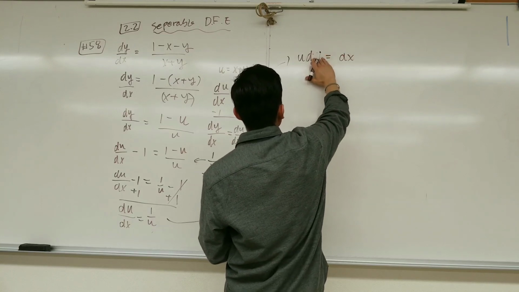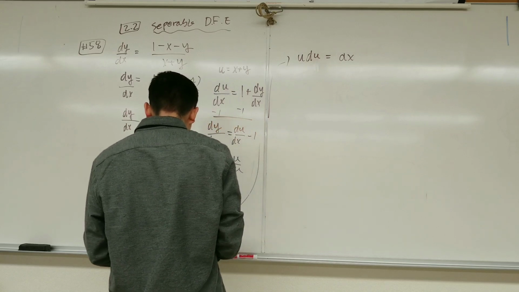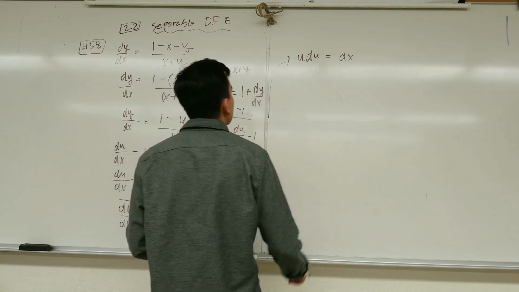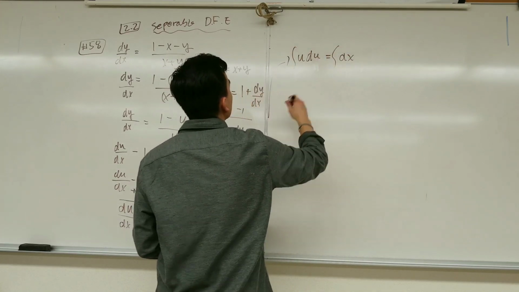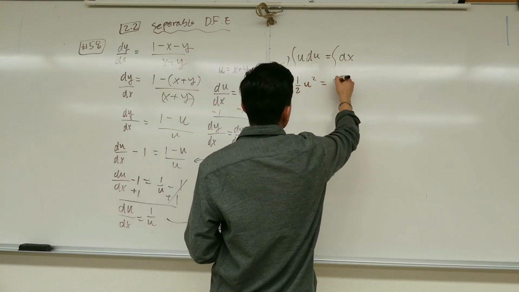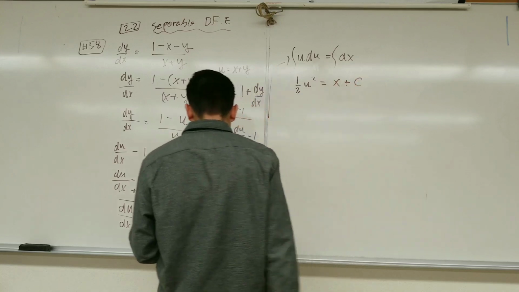Whoa. Okay. And now if I were to take the integral of both sides, I have 1/2 u squared is equal to x plus c.